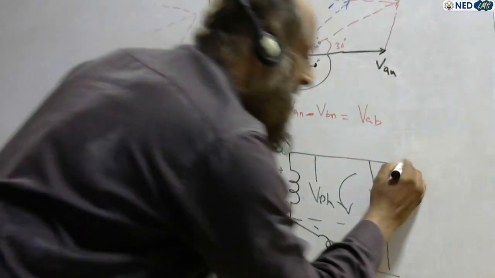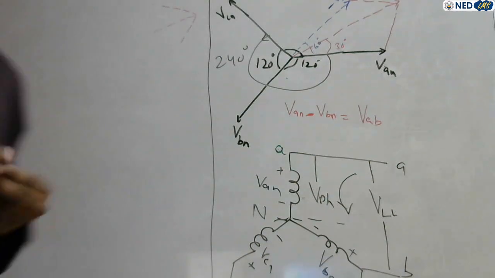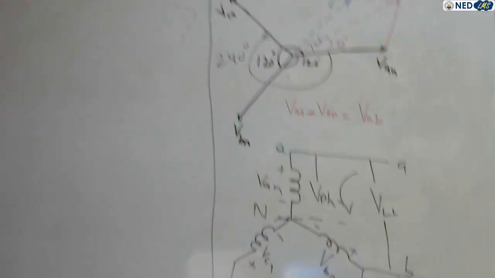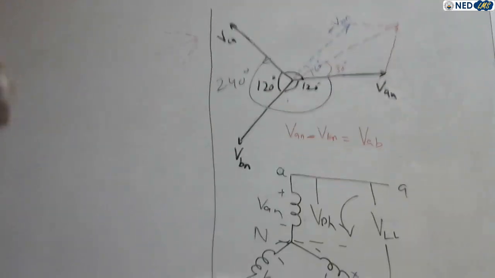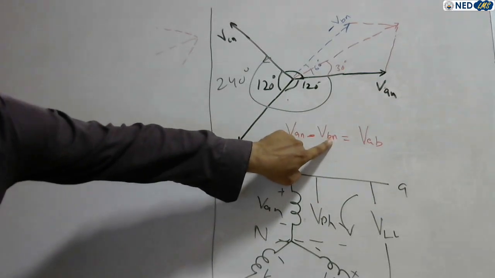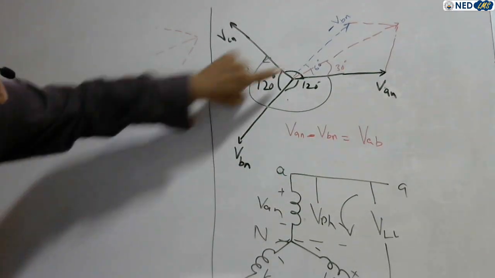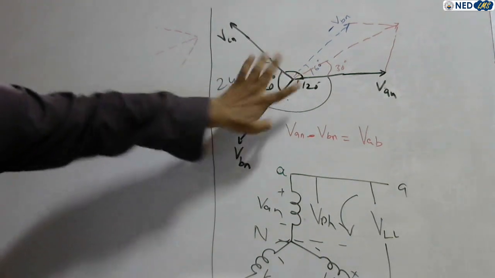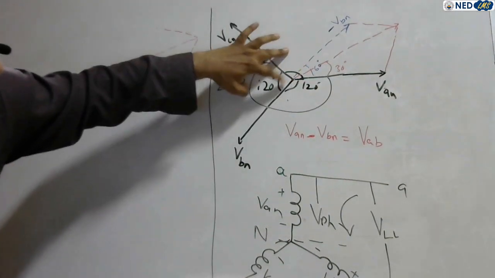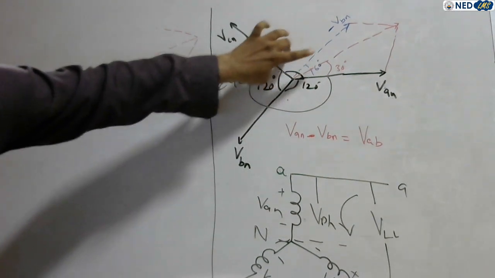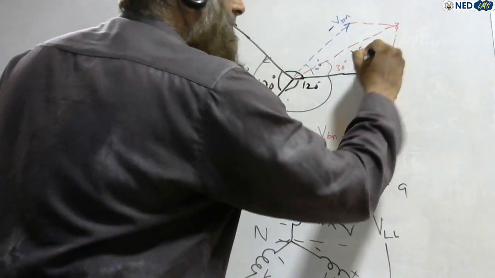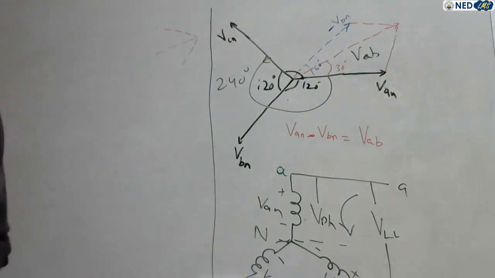This line is A, this line is B. So when you come to the phasors, you draw minus VBN, the negative phasor of this. The negative phasor bisects 120 to 60 degrees, and the resultant phasor VAB bisects 60 degrees to 30 degrees.